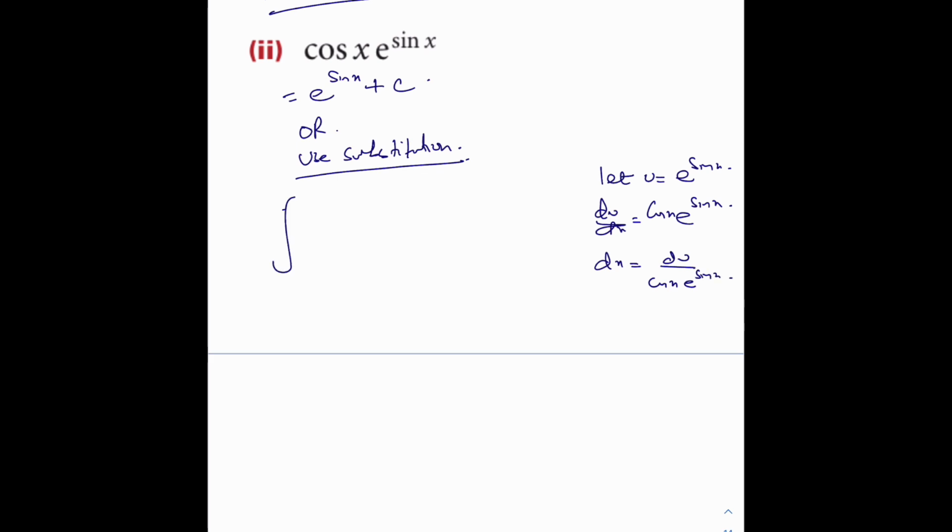So I'm writing integration of cos x e to the power sin x, and in place of dx I'm going to write du upon cos x e to the power sin x. I'm copying this whole thing. e to the power sin x is actually u, so I'm writing u here. This whole thing cancels out with this, so you have to integrate one only, which is going to give you u plus c. And what was u? e to the power sin x plus c.